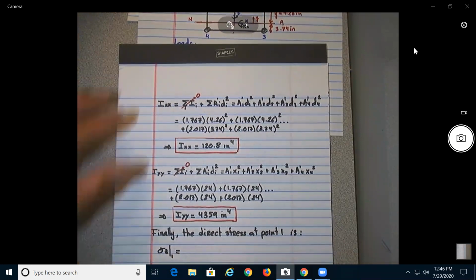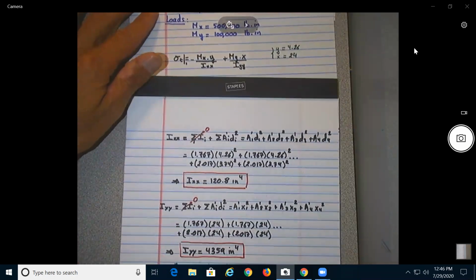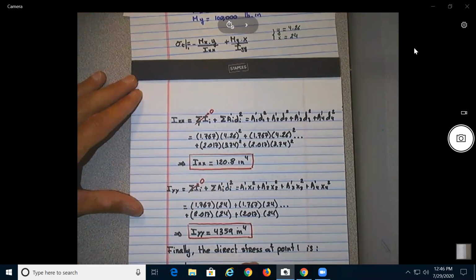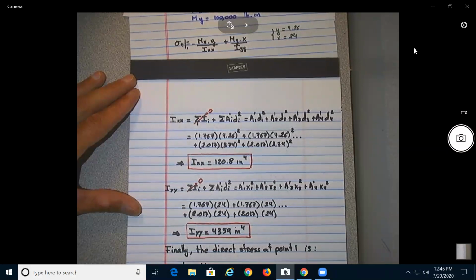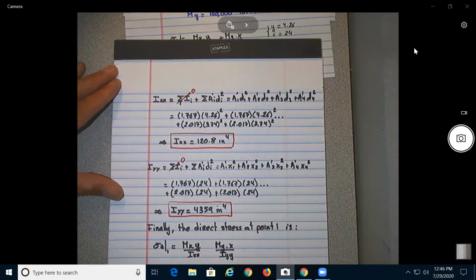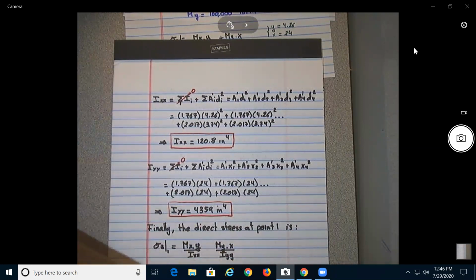What is the expression we had? Okay, let me rethink about it. Mx y over Ixx, don't put any sign because we're going to discuss it again, and My x over Iyy. So this will be equal to Mx, which we had to be equal to 500,000 times y.